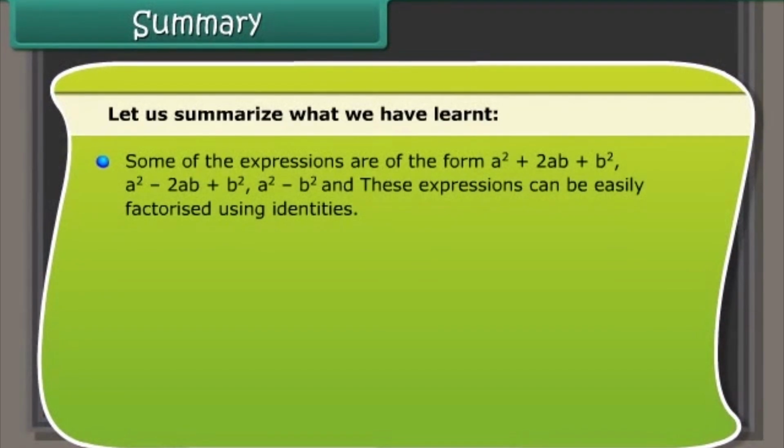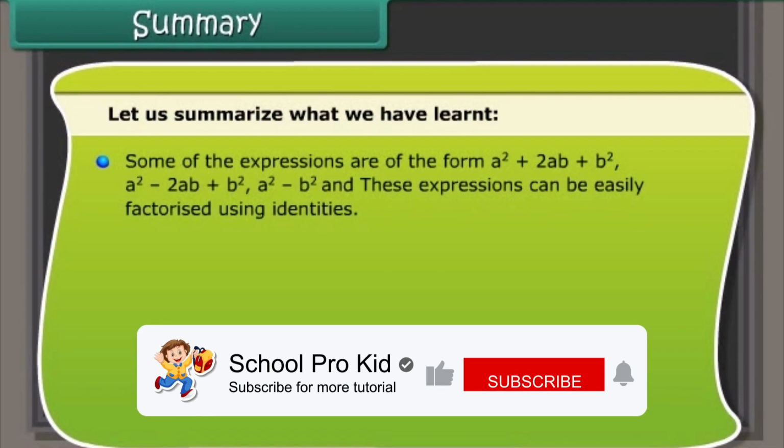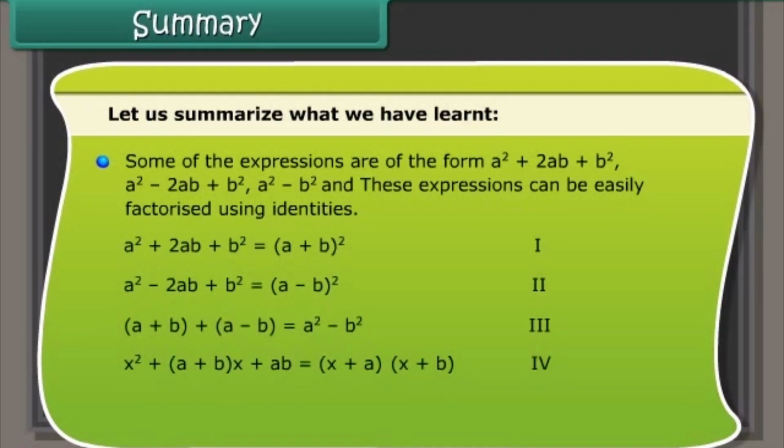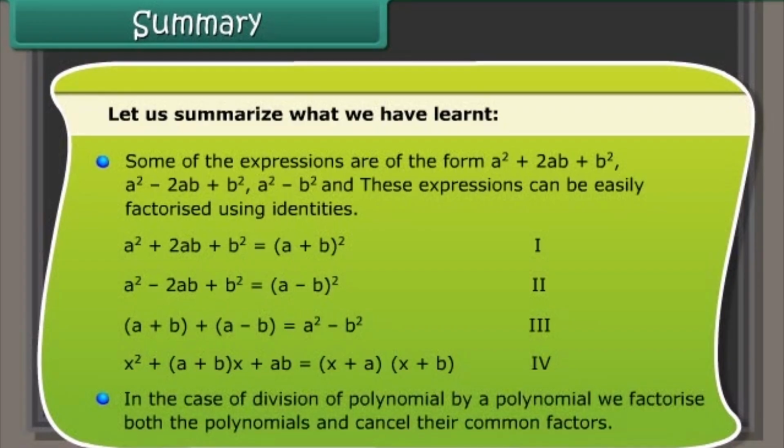Some expressions are of the form a square plus 2ab plus b square, a square minus 2ab plus b square, and a square minus b square, and these can be easily factorized using identities. In case of division of a polynomial by a polynomial, we factorize both the polynomials and cancel their common factors.